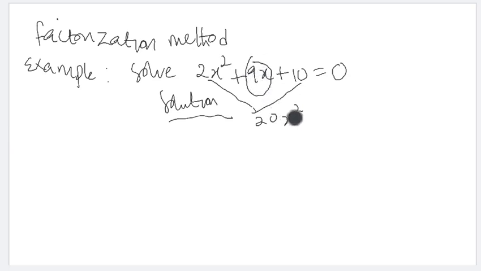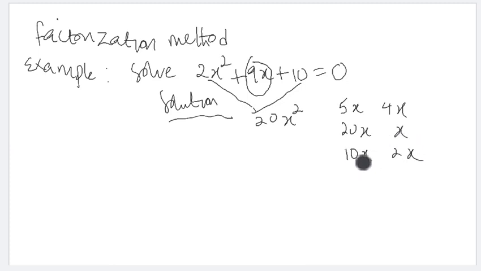The first thing we do is list out the factors of 20x squared. We have 5x and 4x, we have 20x and x, we have 10x and 2x.